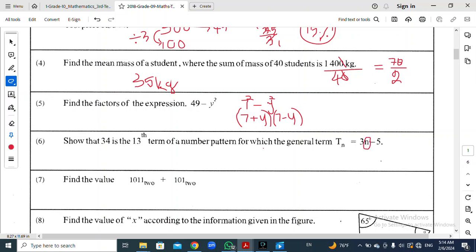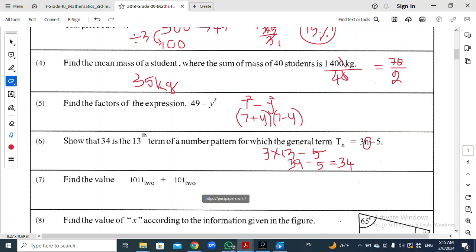So 3 into, for n we are using 13, and minus 5. This one is a very easy equation. So 13, 3 times means that's 39. So 39 minus 5, we can easily get the answer. The answer is 34.